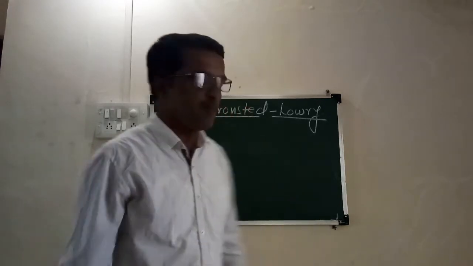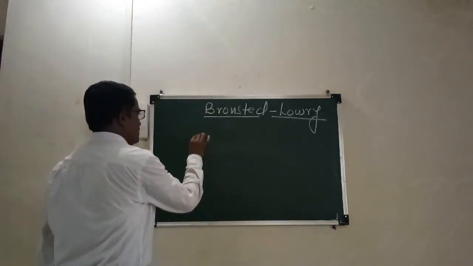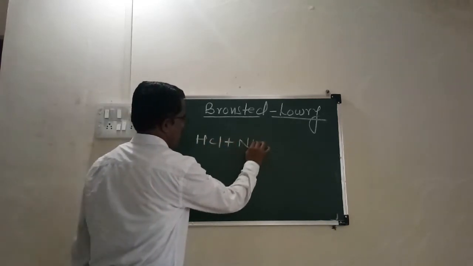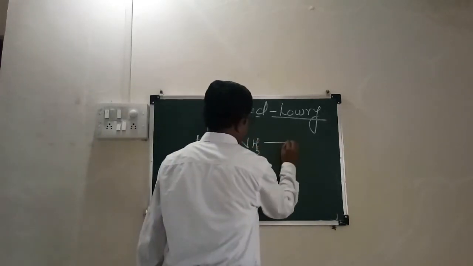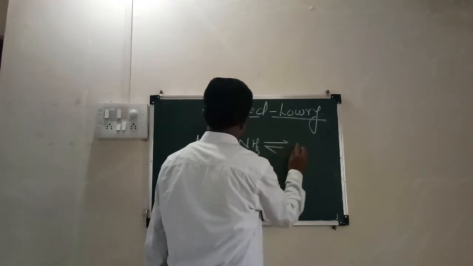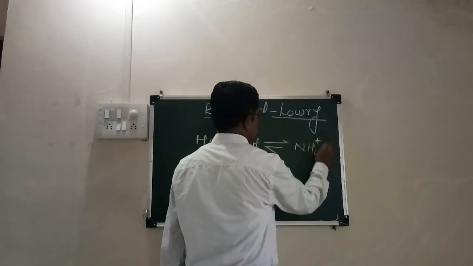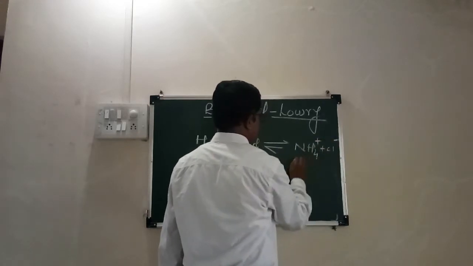Now take down one example. HCl when it reacts with ammonia gives NH4 plus Cl minus.